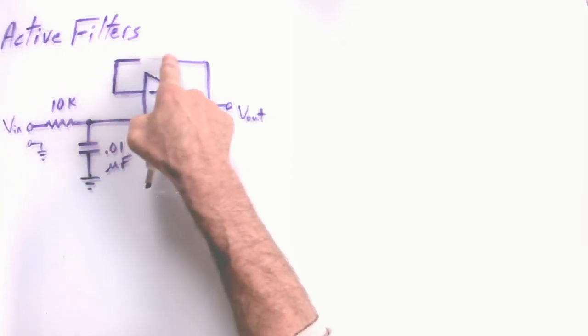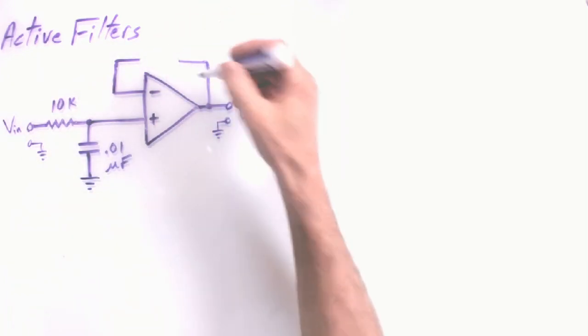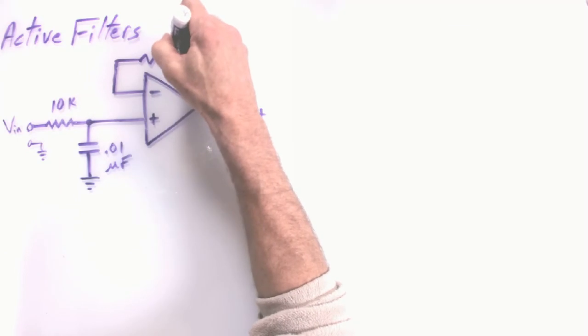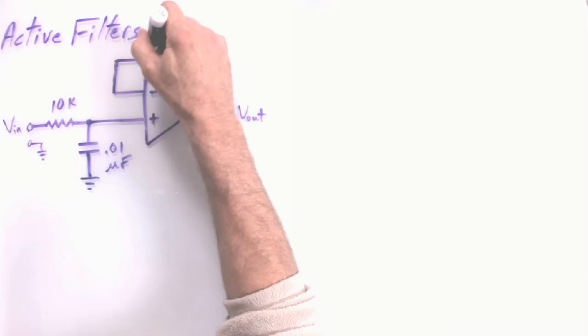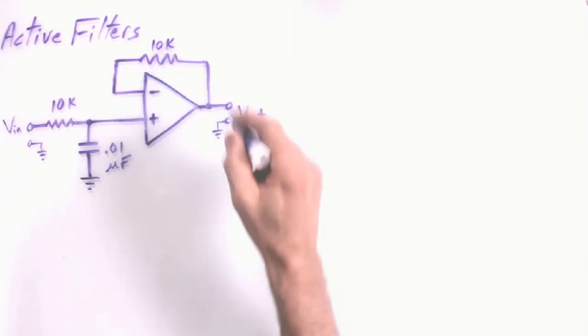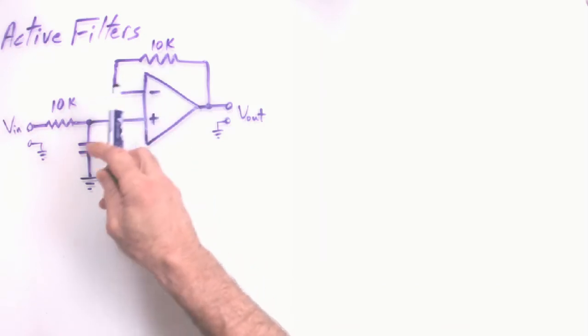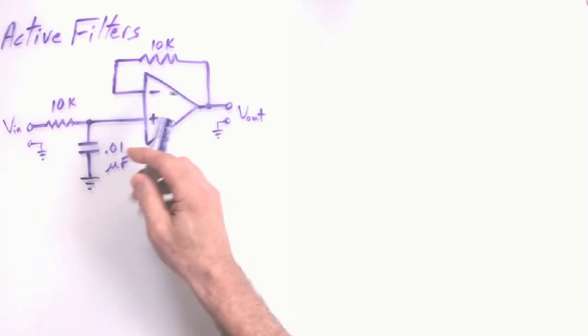I want to show you something because you will run into this when you crack open a book on filters, and I don't want you to be puzzled by what you see here. This is oftentimes done. You might see a resistor being used, and it's not going to really change anything as far as the gain.